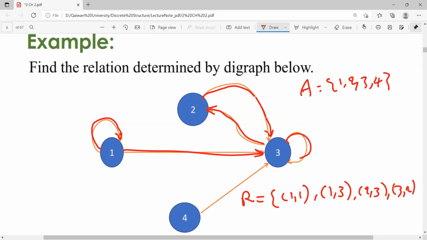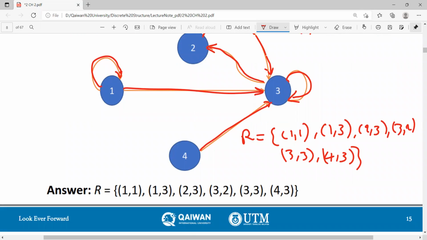And then we have 3 to itself. That means 3 and 3. We also have 4 and 3. This is the relation. That's all. Okay. From a diagram, we can write down the relation and conversion also. Count all the arrows and then write down them. That's all.